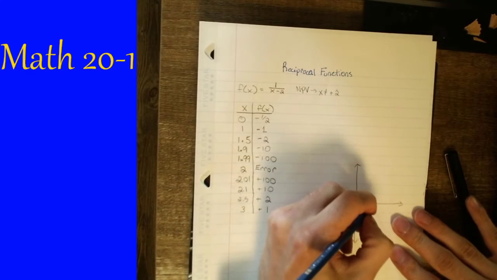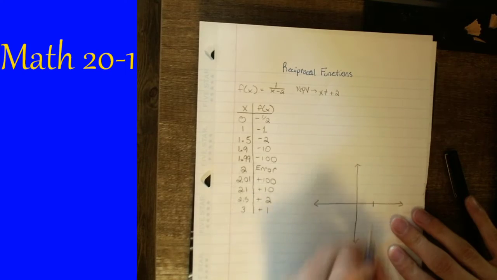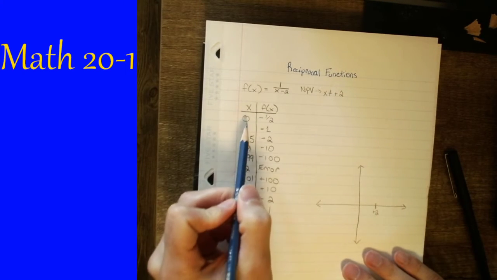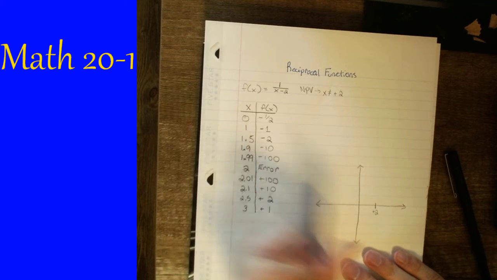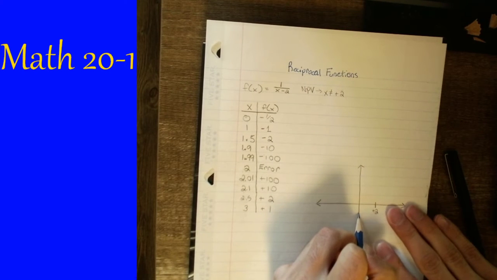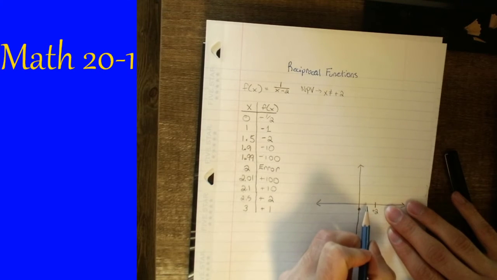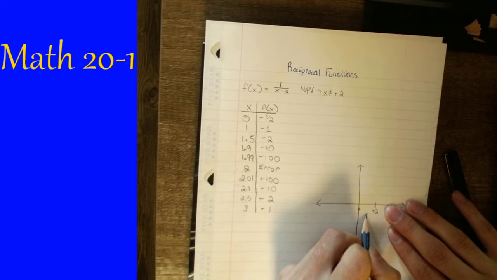So here's 2. And we have a few other points. We can say, okay, 0 is negative 1/2, so maybe we'll plot that right here. 0 is negative a half, and positive 1 is negative 1.